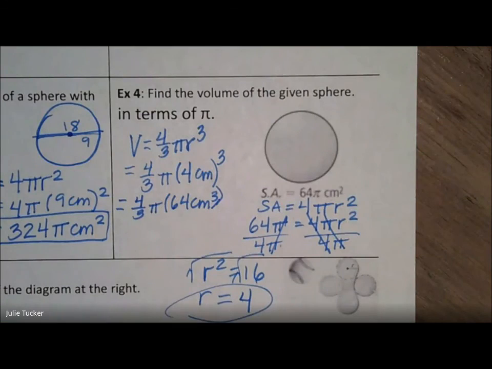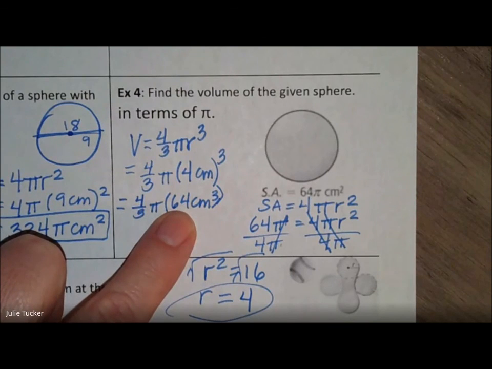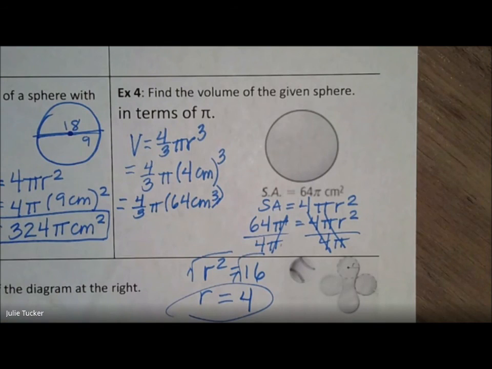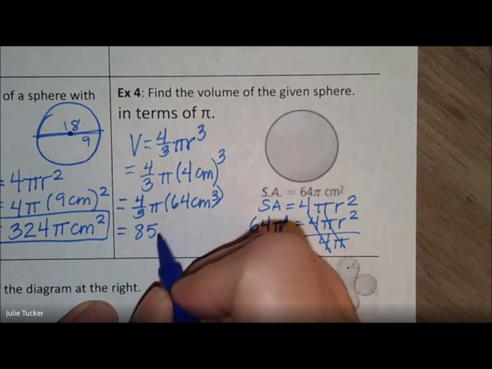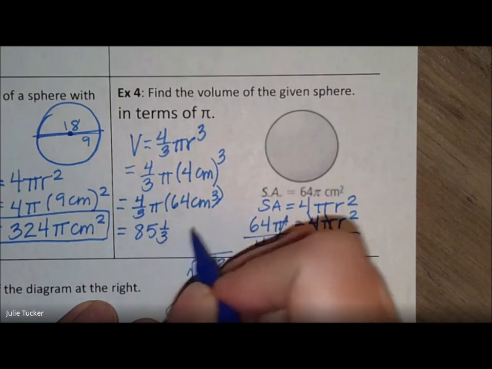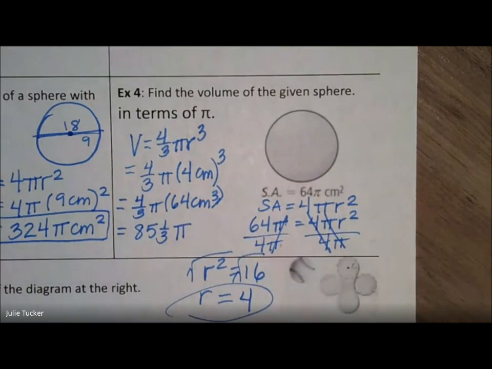So now I have to do 4/3 times 64. So I'm going to go 4 times 64 divided by 3. It says this number, 85.3. So that's 85 1/3 because it's a 0.3 repeating. 85 1/3 pi.